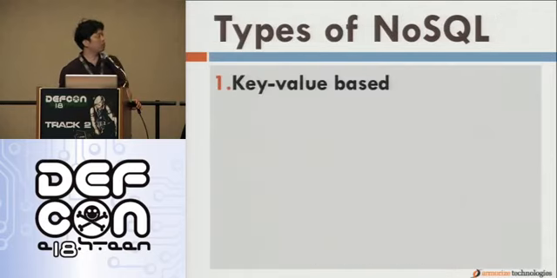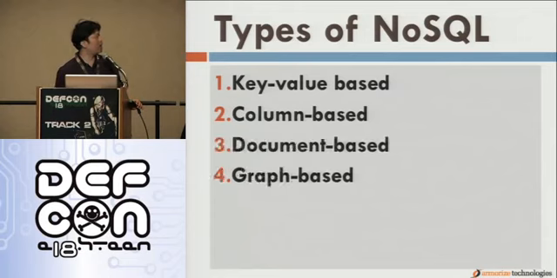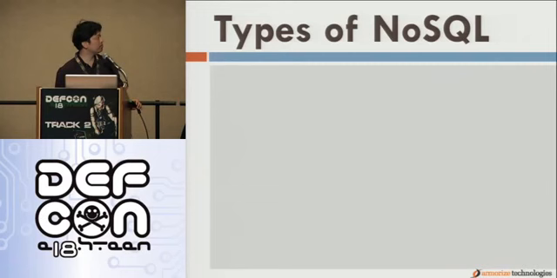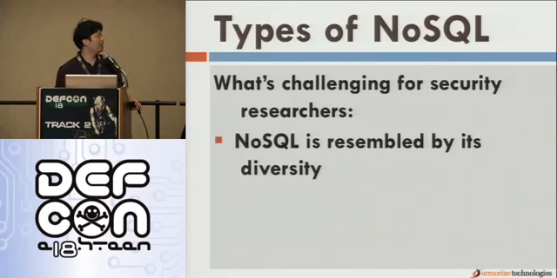So types of NoSQL, there are a lot of families to NoSQL. Key-value-based databases, column-based databases, document-based databases, graph-based databases, object-based databases, etc. So what's challenging for security researchers today is that NoSQL is defined by its diversity.